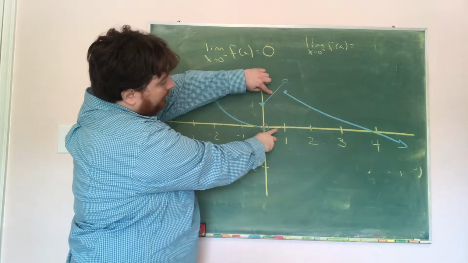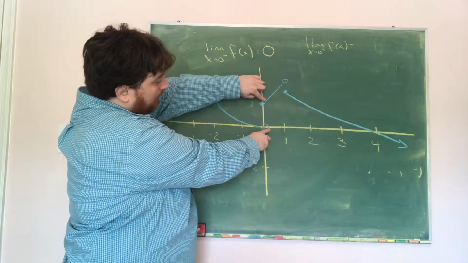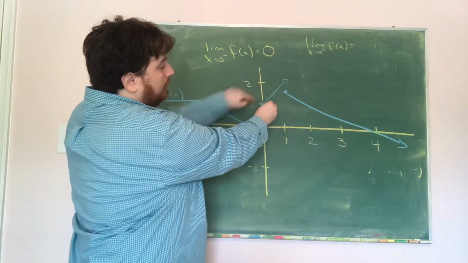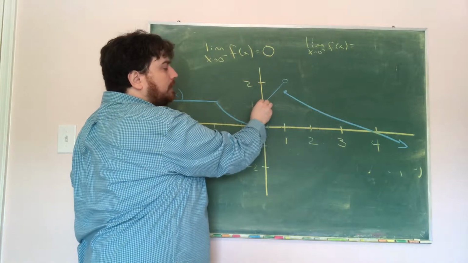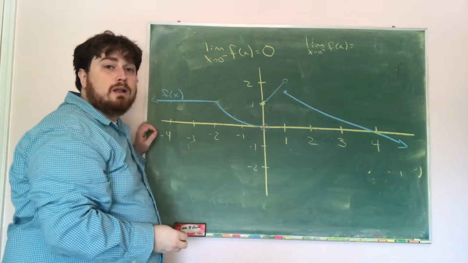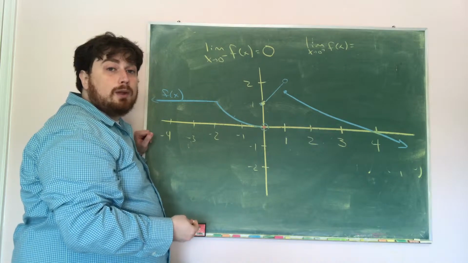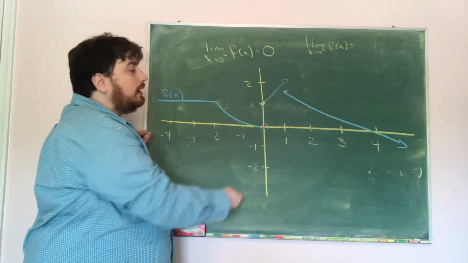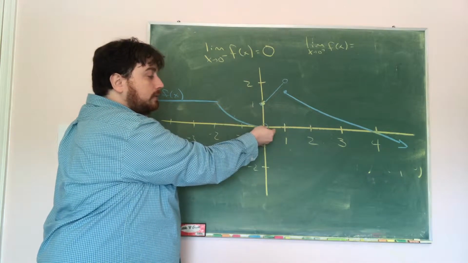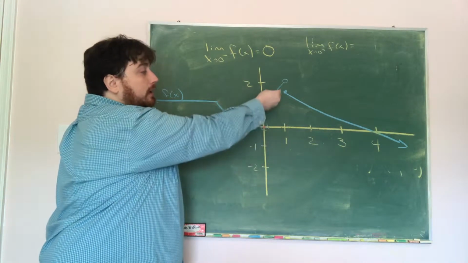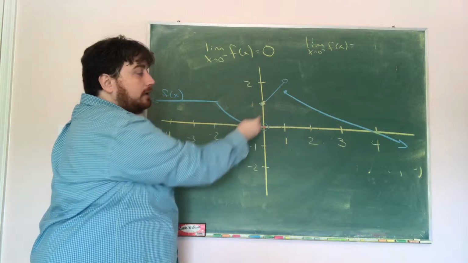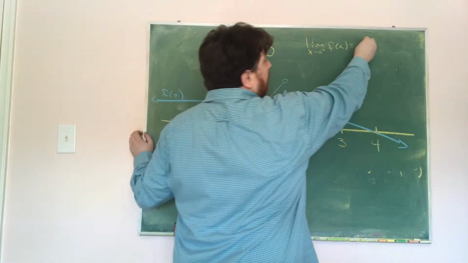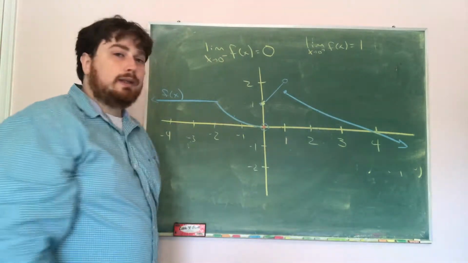Now as I move in closer to x equals 0, we'll notice that my y values are getting smaller, and eventually my y values approach this point right here, and that point would be the value y equals 1. That means that as I approached x equals 0 from the right, my y values got closer and closer to 1. Therefore, the limit as x goes to 0 from the right is equal to 1.